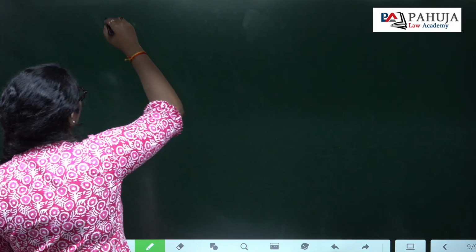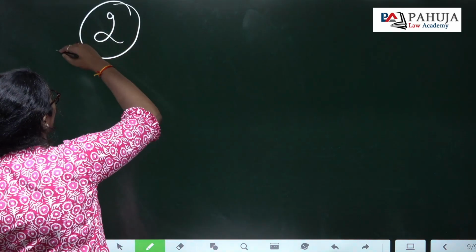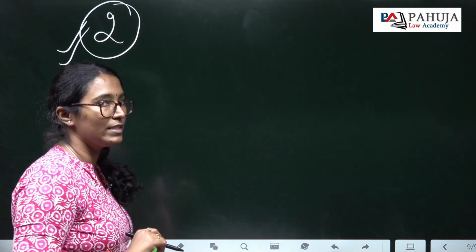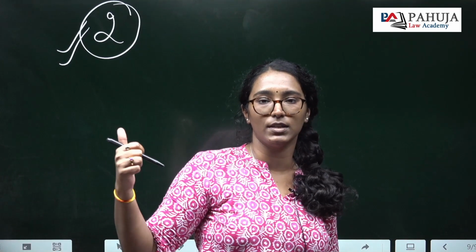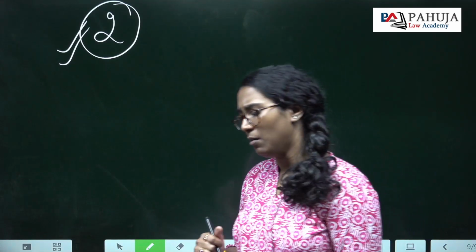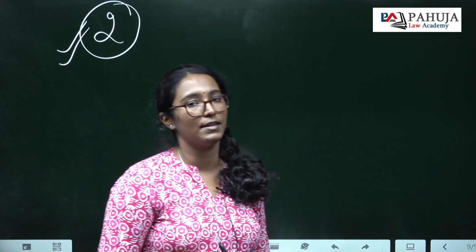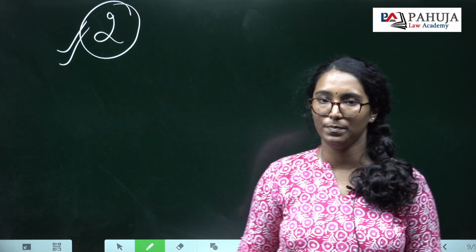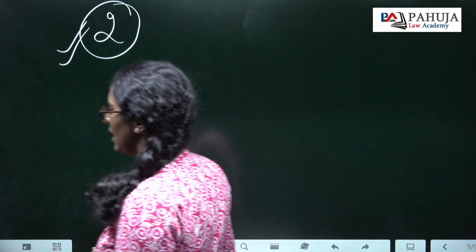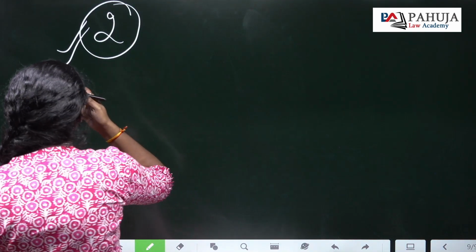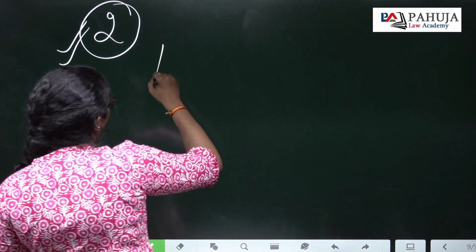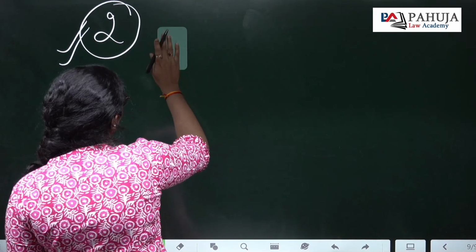We understood that at least 2 persons are required to create a partnership. Yes, this is the minimum number of persons that we need to create a partnership. But what about the maximum number of persons that are needed to create a partnership?